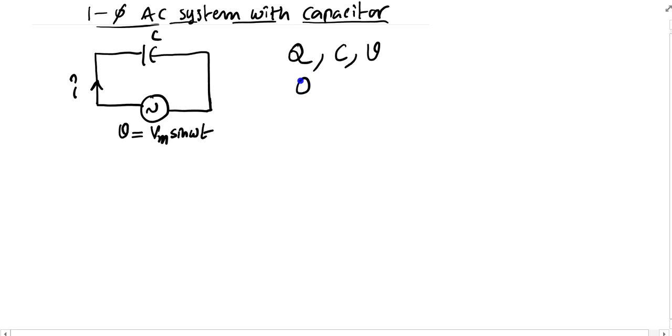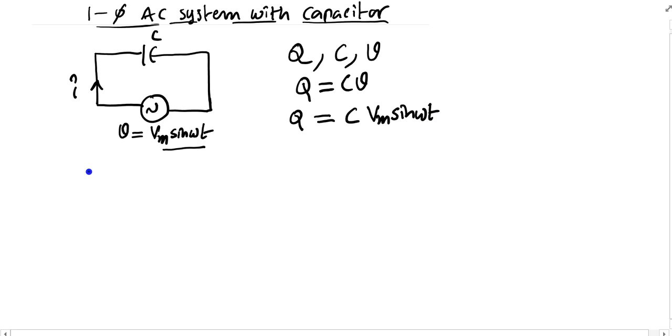We know Q is equal to C into V. This is what we studied in our +2 studies. So I can write Q is equal to C times V, and V I can take as Vm sine omega t.